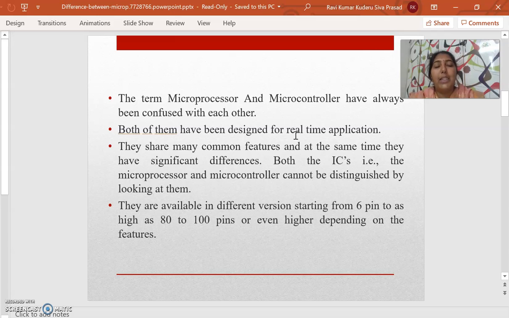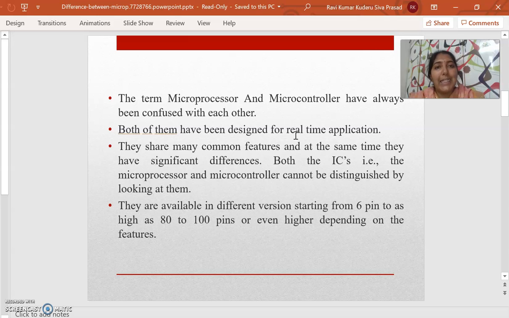Both the controllers and the processors come in the form of integrated circuits, so shortly we can say in the form of ICs. But by seeing the ICs, we can differentiate whether it is a microprocessor or a microcontroller.